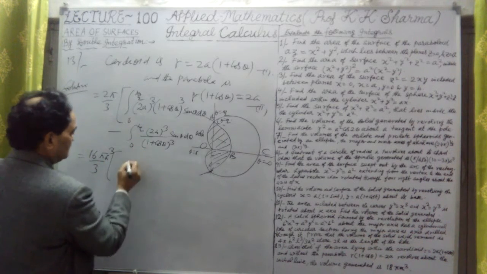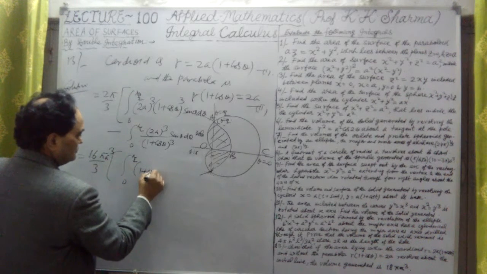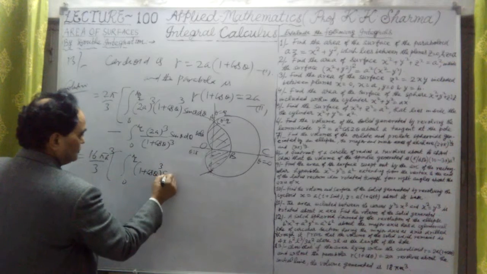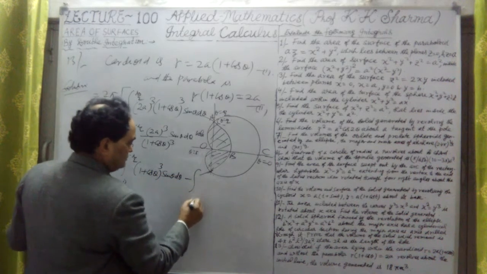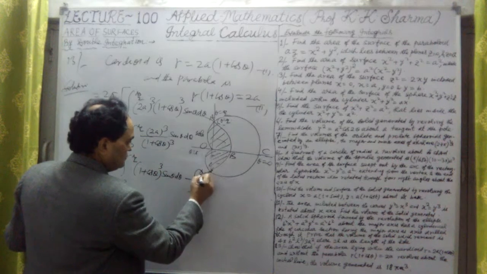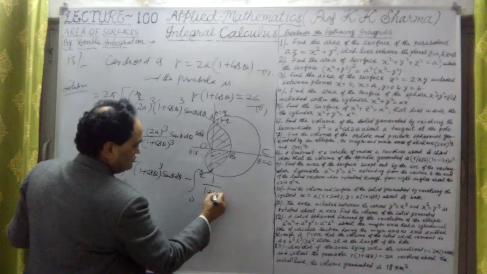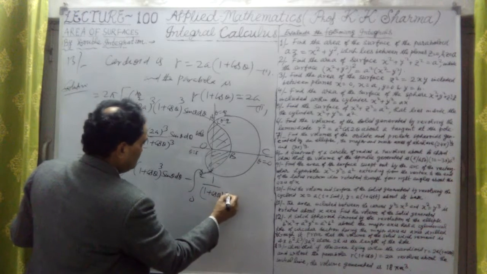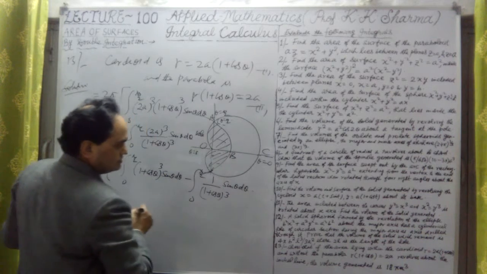Now in this case, this is 0 to pi by 2 of 1 plus cos theta whole cube into sine theta into d theta, minus the integral 0 to pi by 2 of 1 upon 1 plus cos theta whole cube into sine theta in the numerator and the denominator into d theta.